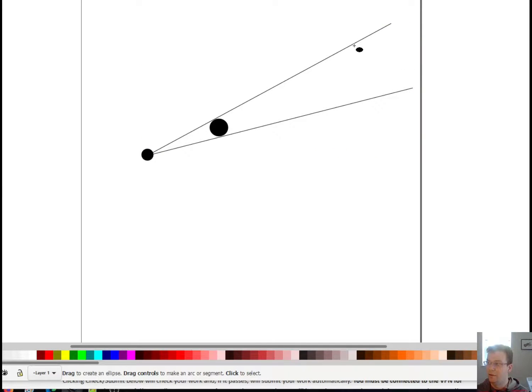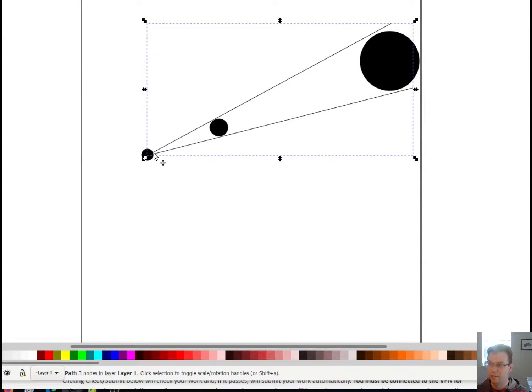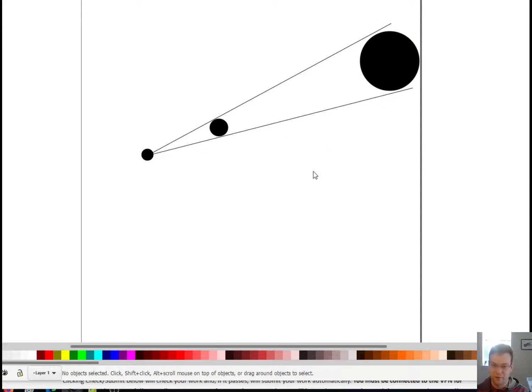But in order for that to take up the same amount of area in my viewing, it would have to be much bigger further away, right? So this sphere and this sphere would look like they're the same size because they end up projecting to the same amount of pixels here.